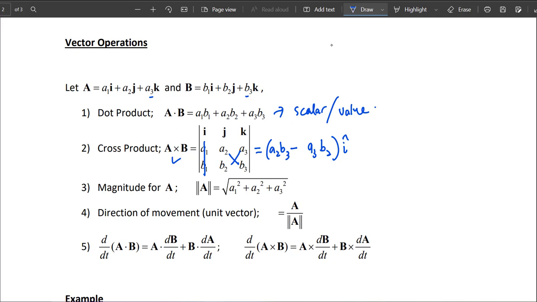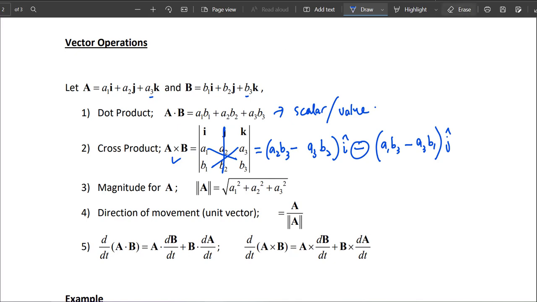Next, we close the column of j. The sign is minus, that is the formula. For the j component, we close j, then we do multiplication A1 times B3 minus A3 times B1. This one is for j.